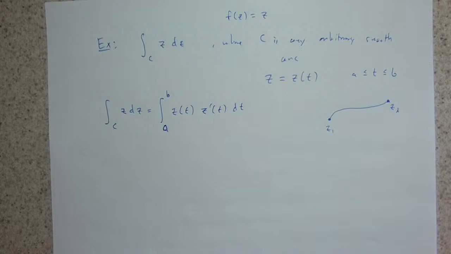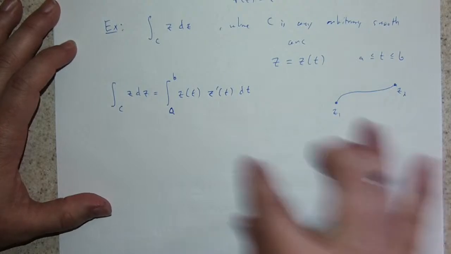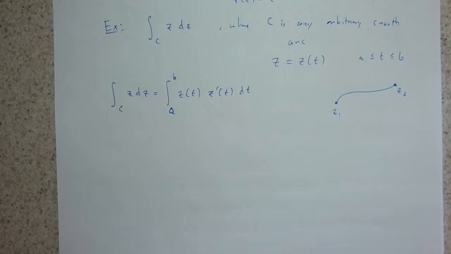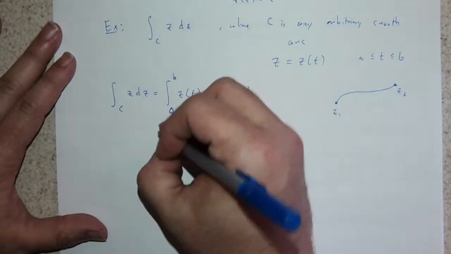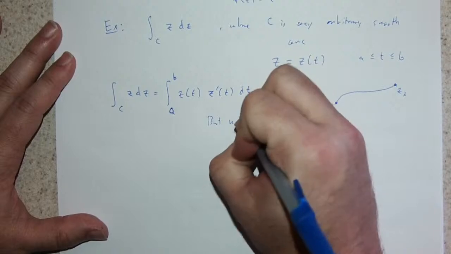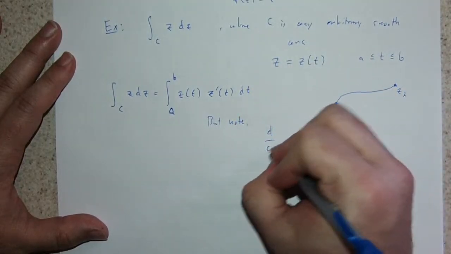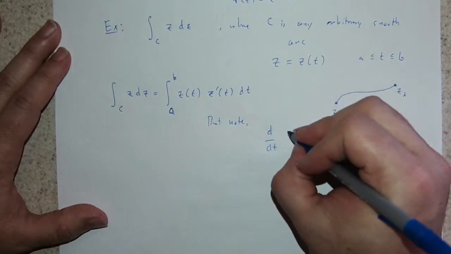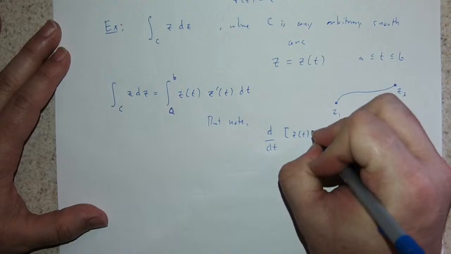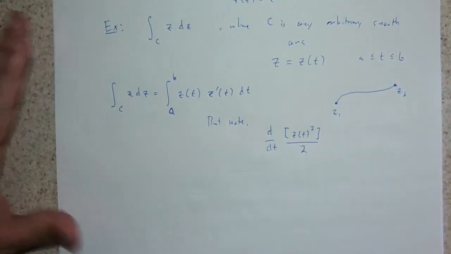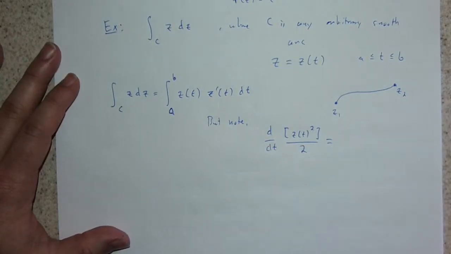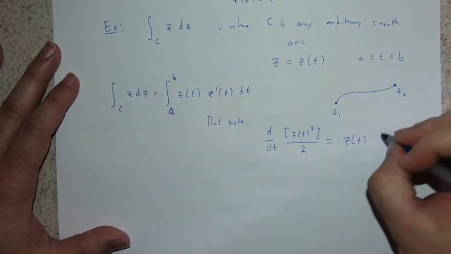And so this particular form is really, really nice. This is actually going to be the key to the whole thing. But note that the derivative, d dt of z of t squared over 2, if I compute the derivative of this quantity, what do I get? I get exactly z of t, z prime of t.